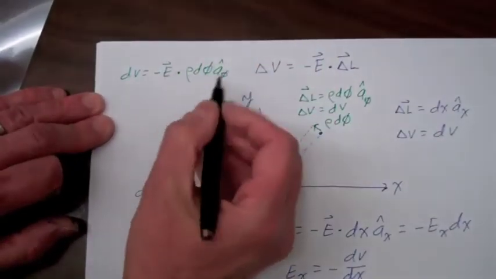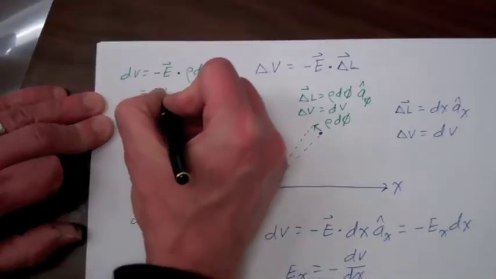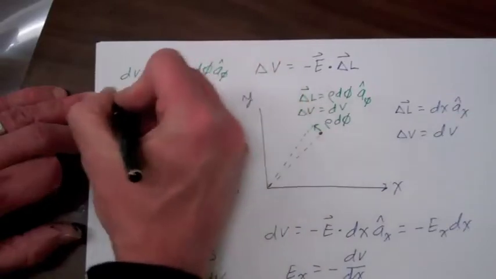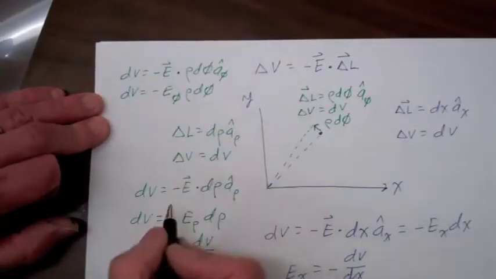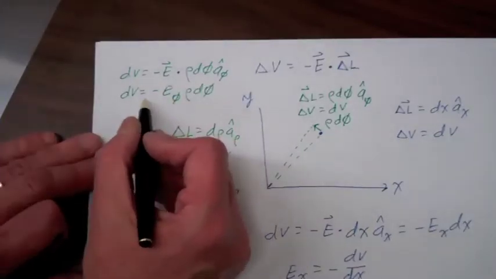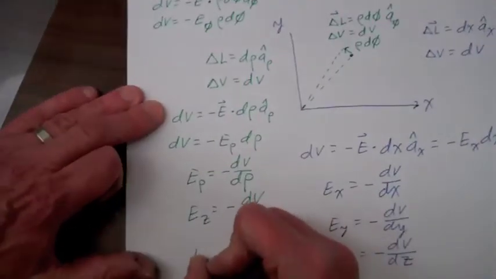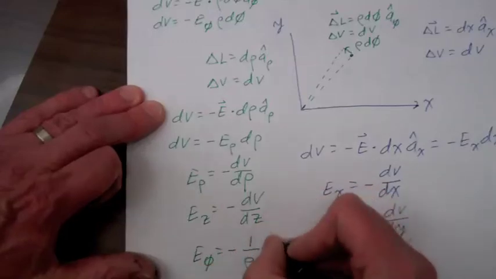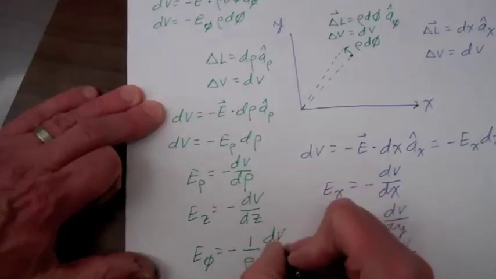So E dot a sub phi will give us the component of the electric field in the phi direction. So now we can solve for E sub phi. E sub phi is going to equal minus 1 over rho dV d phi.